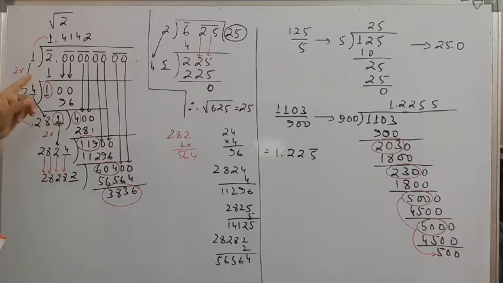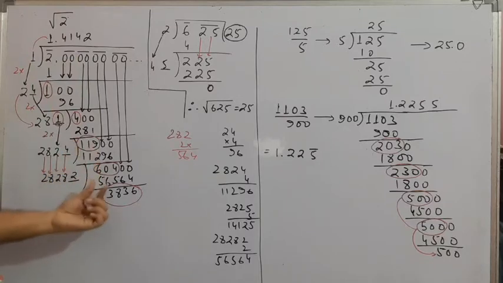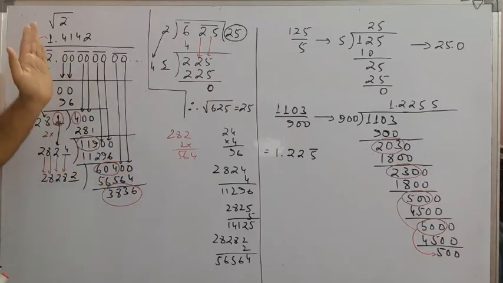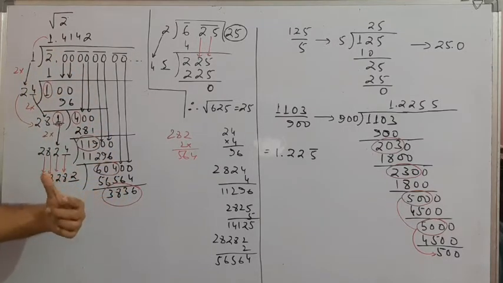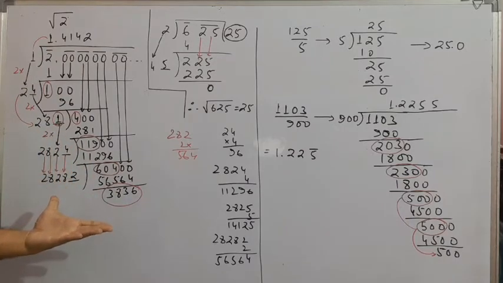That means whenever I try to find the square root of 2 by the long division process, I get such a decimal form which is non-terminating because the remainder is never 0, and which is non-repeating because you will not get repetition of remainder in the division process. Okay, so this is a new form of decimal.